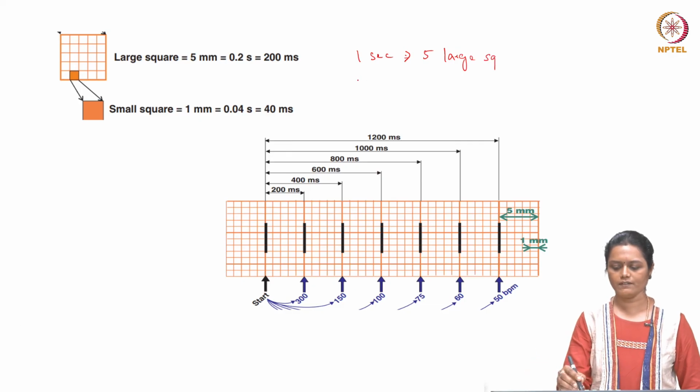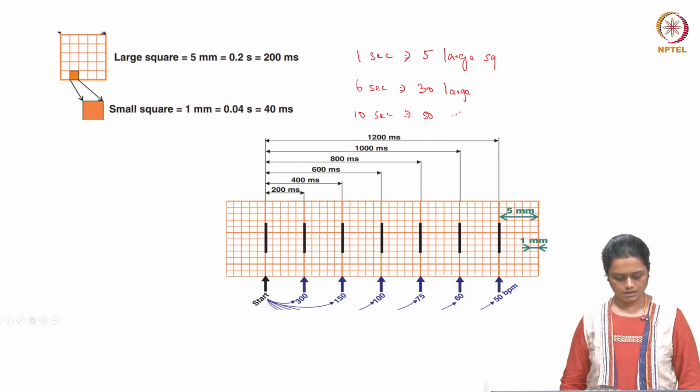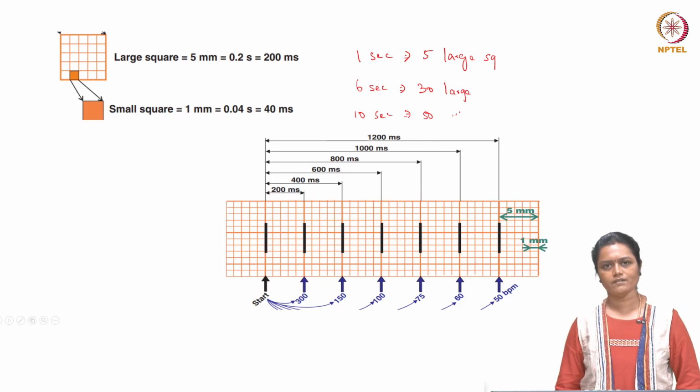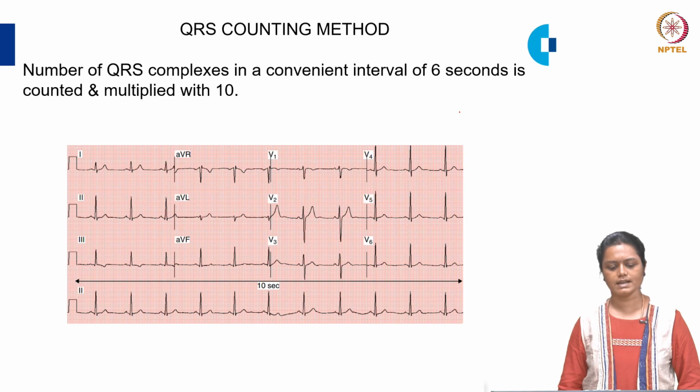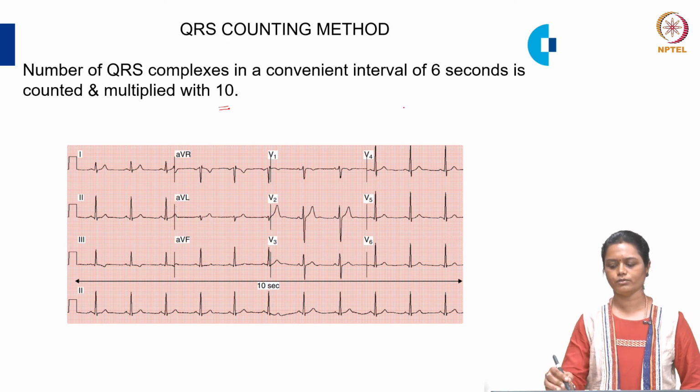A recording for 6 seconds must have 30 large squares, and for 10 seconds, it must have 50 large squares. If you have a recording for 6 seconds, you multiply the QRS count by 10. If you obtain a recording for 10 seconds, you multiply it by 6 to get the heart rate.